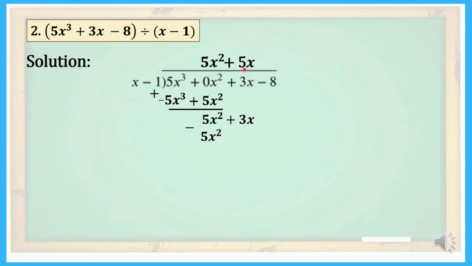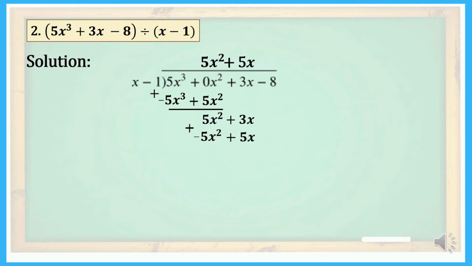Then 5x times negative 1 is negative 5x. So change the sign of the subtrahend since it is subtraction. So positive 5x squared will become negative 5x squared. And negative 5x will become positive 5x.